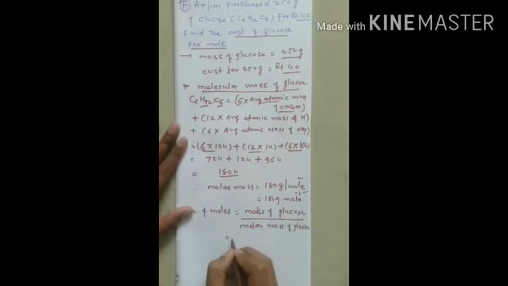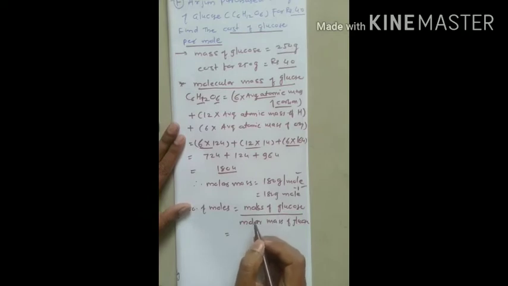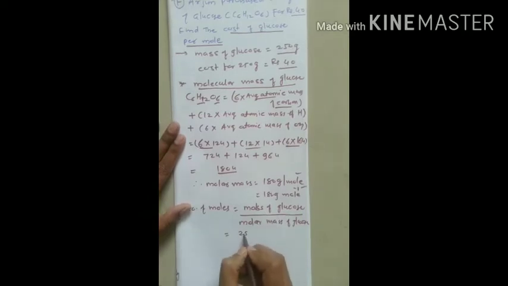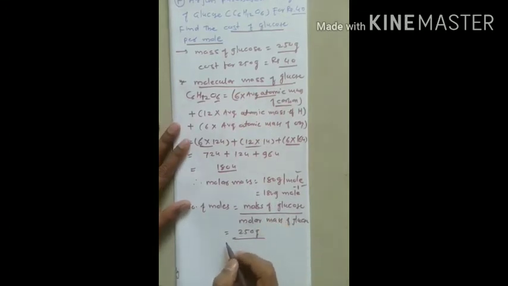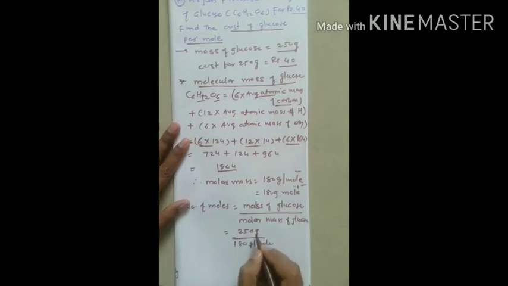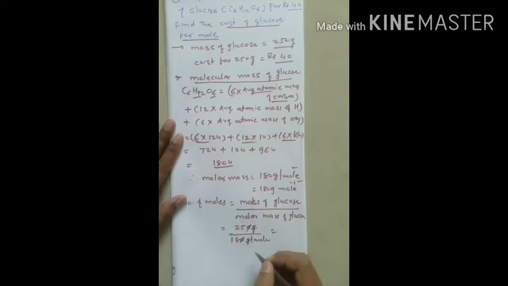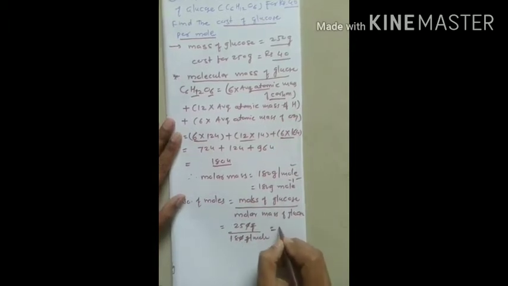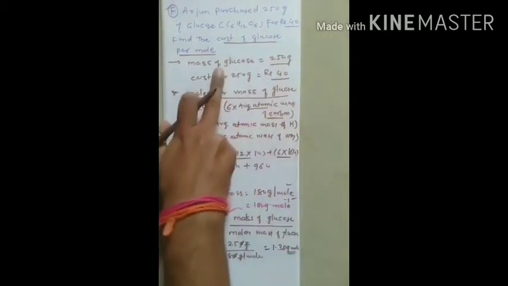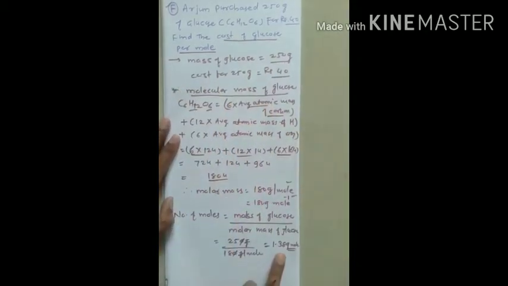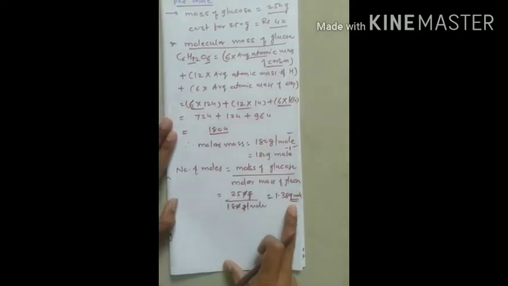The mass of glucose is already given in your question, so it is 250 gram, and the molar mass we calculated here is 180 gram per mole. The gram gets cancelled out, and if you simplify it, you will get the precise answer as 1.389 mole. That means 250 gram of glucose contains 1.389 moles.